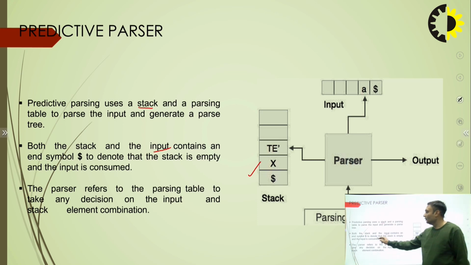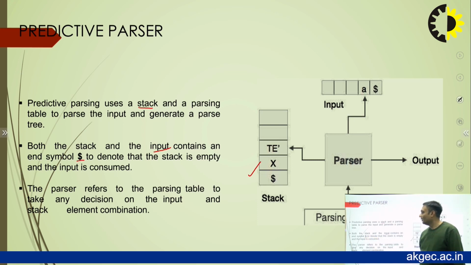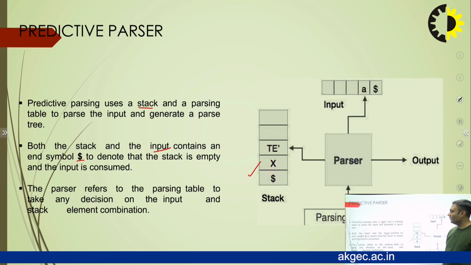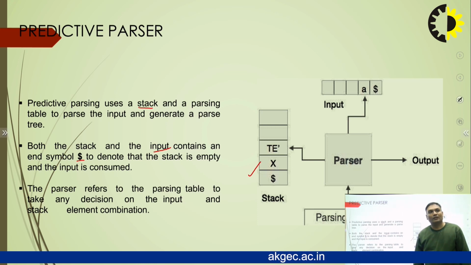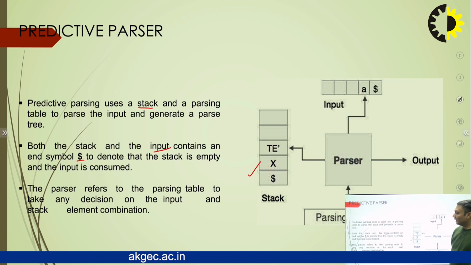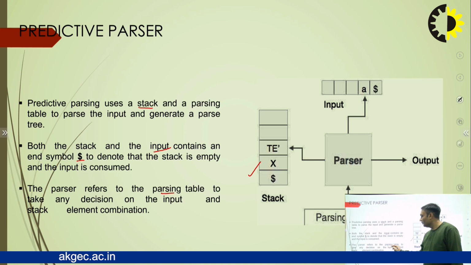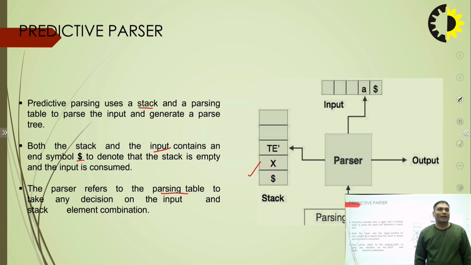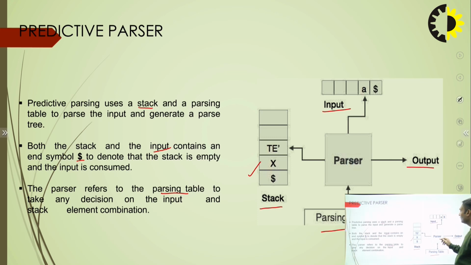So we will use the dollar symbol at the end of the string to check whether the stack is empty or not. And this parser also refers to the parsing table to take any decision on the input and stack element combination. So there is a stack, there is an input, there is a parsing table, and there will be some output generated by this parser, that will be the parse tree.